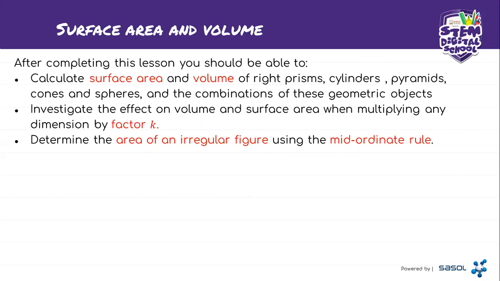It's very important when you calculate the surface area as well as the volume that you know which formula to use. For instance, if you want to calculate the surface area of a cylinder, you must know the formula for that. Number two, you must be able to investigate the effect on volume and surface area when multiplying any dimension by a factor k.